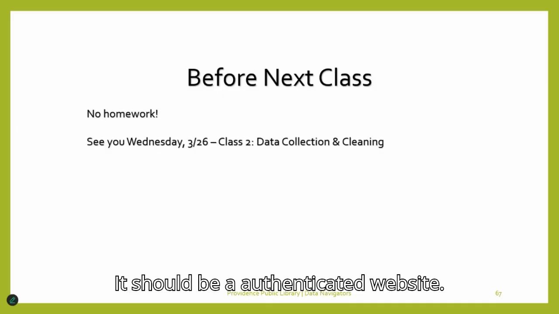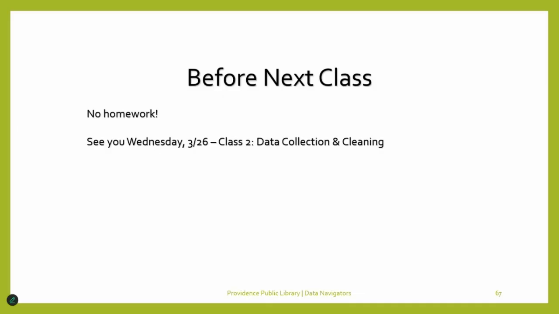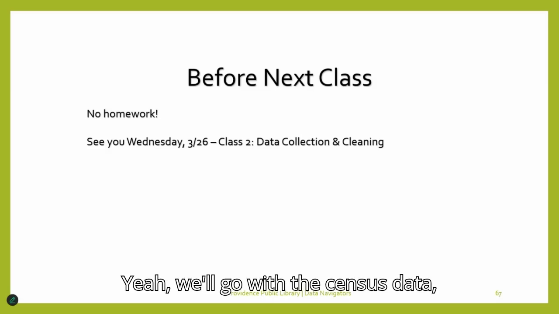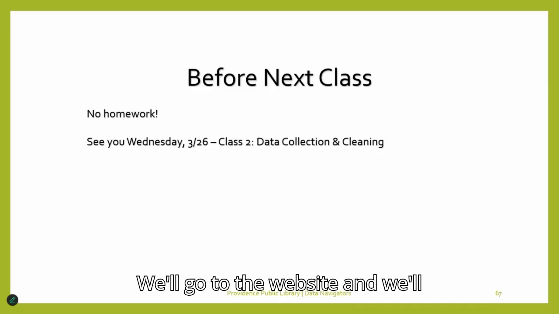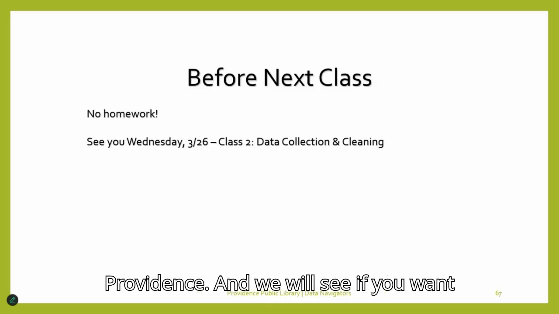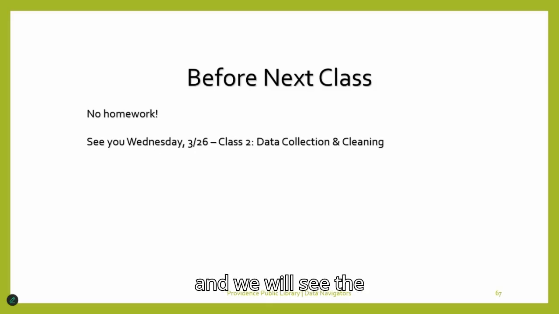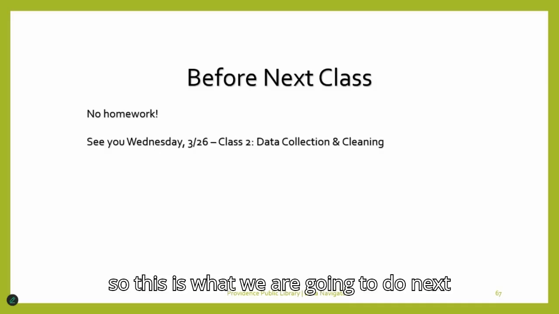It should be an authenticated website. Yeah, we'll go with the census data. We'll go to censusdata.gov and download the data for Rhode Island, Providence, and see if we want to clean the data, and we'll graph it and see the gender ratio for that particular city, Providence. All right. So this is what we are going to do in the next class.